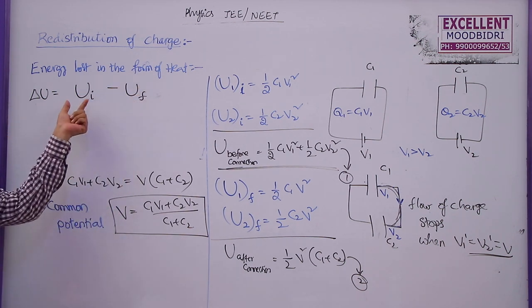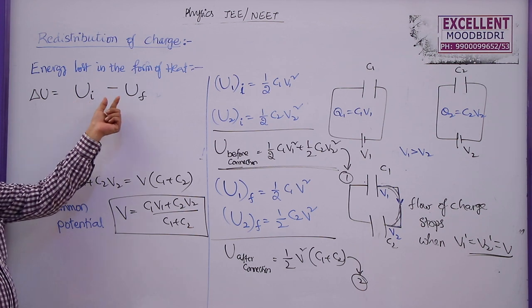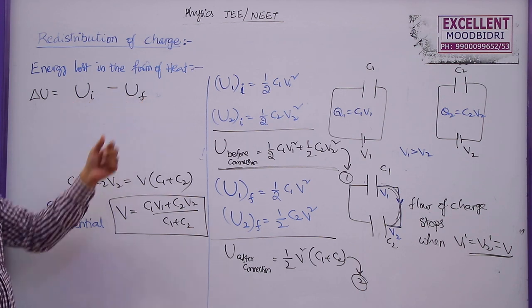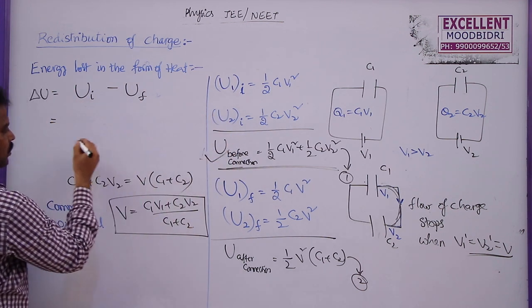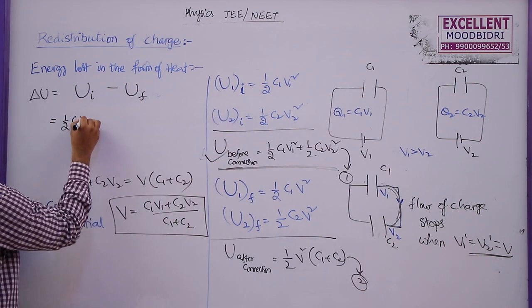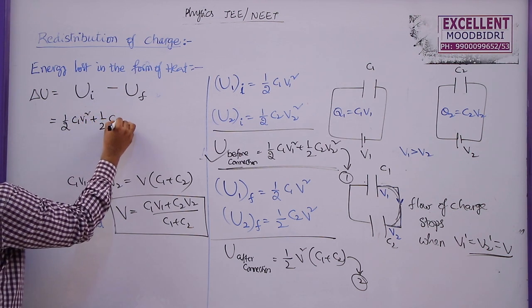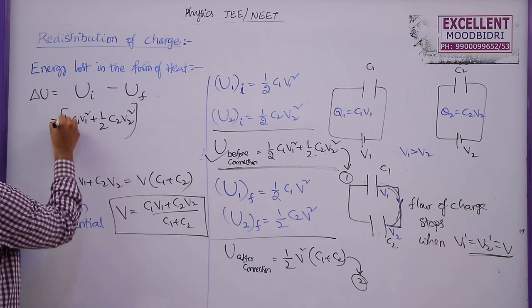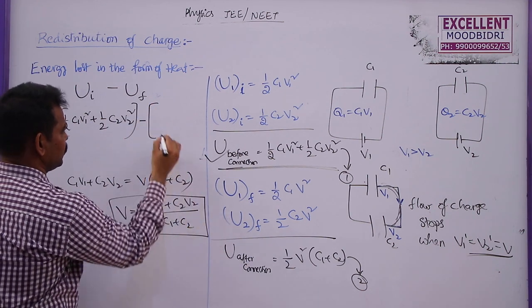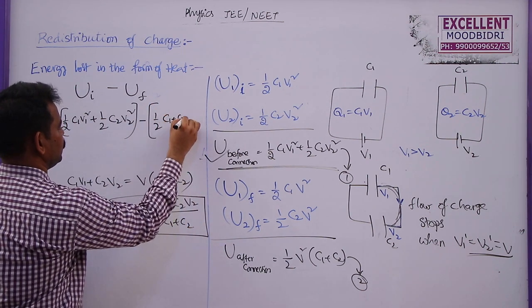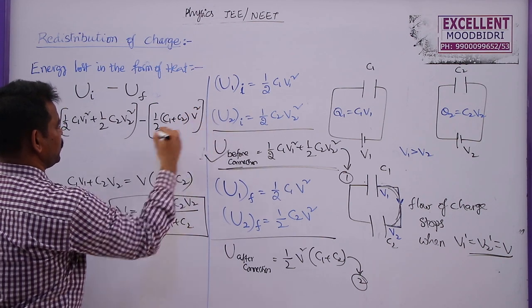So I am going to write the initial energy of the system before connection minus the final energy of the system after connection. What is the initial total energy before connection? This is half C1 V1 square plus half C2 V2 square, minus the total energy after connection, half into C1 plus C2 into V square.